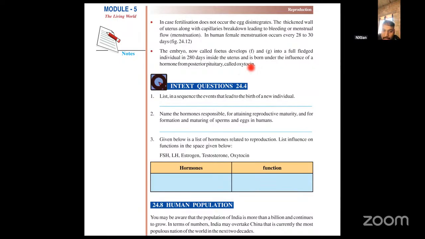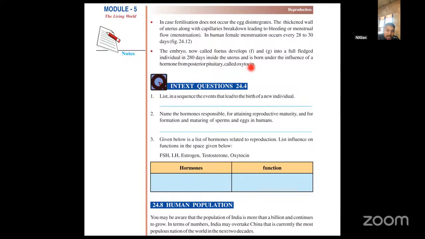When the baby is fully mature and wants to come into this world, then the initiation point is there. One hormone called oxytocin will be released. That oxytocin hormone will go to the brain, which is the indication that now the baby should be delivered. Then the brain will say, okay, release more oxytocin hormone.